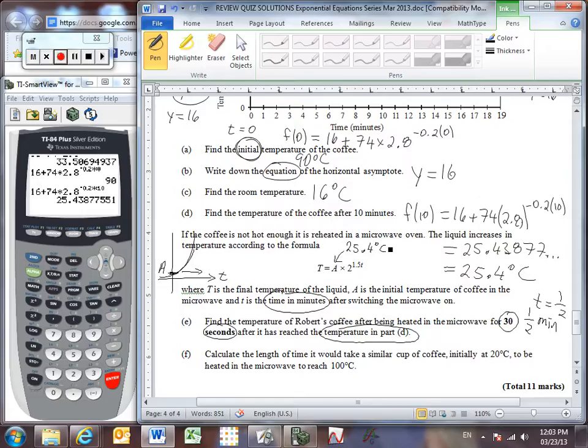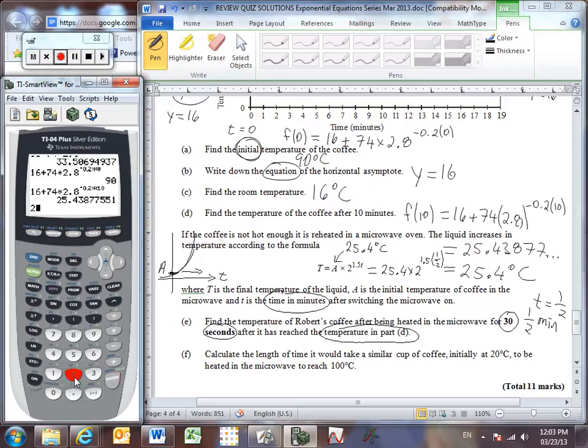So in other words, our T is now equal to 25.4, our initial temperature of the coffee from part D, times 2 to the power of 1.5 times t, and our t, we agreed, is 1/2, because it's only being heated for half a minute. Alright, let me type this into the calculator then. I've got 25.4. In fact, I could be even more precise if I just called up the answer that I had a moment ago.